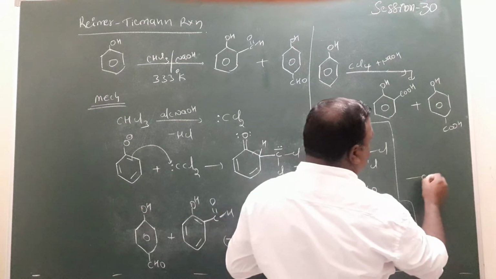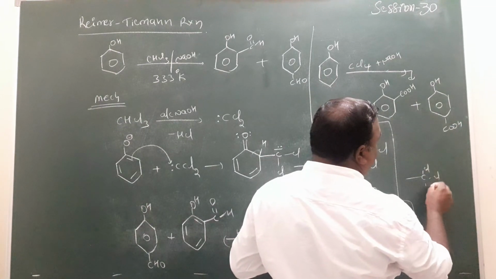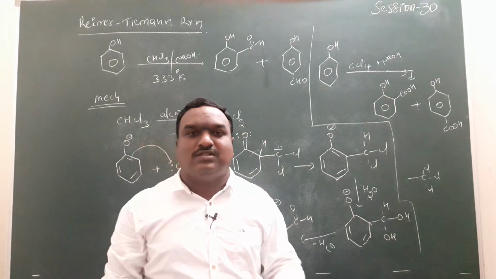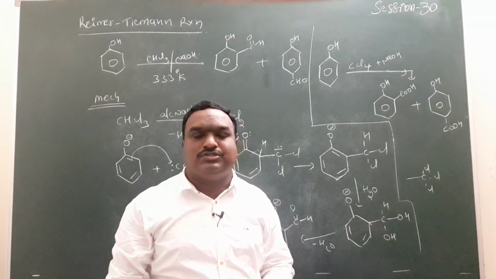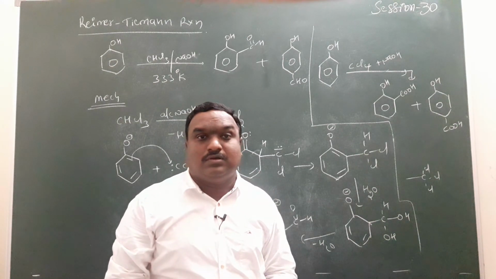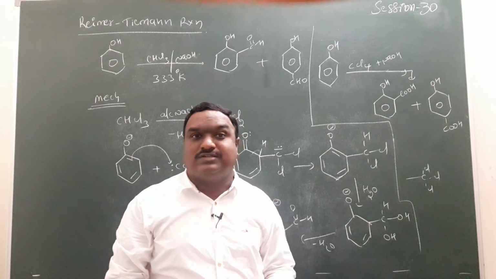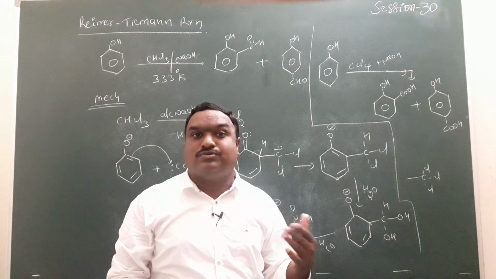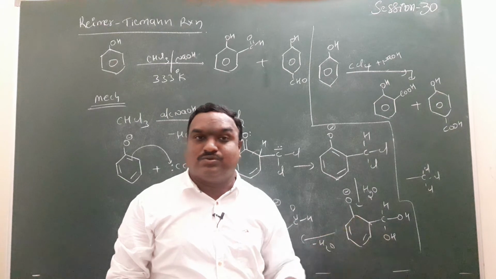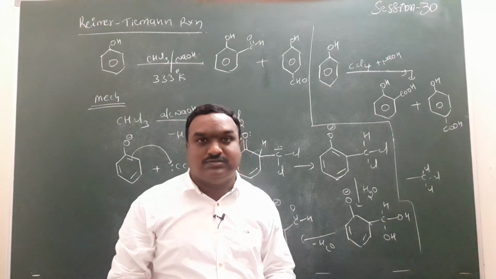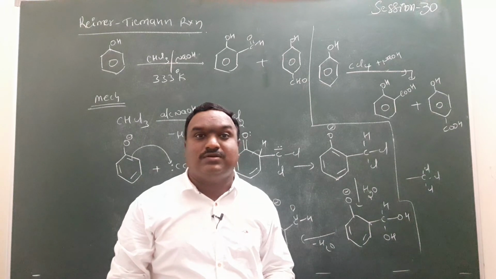Why? Because the connected carbon has 3 chlorines, and if you do hydrolysis, each chlorine is replaced by OH, so the number of OH groups is 3. So already I told you that concept. When the number of OH groups is more, the carbon or compound stability is less, it easily undergoes dehydration and converts into a carboxylic acid function. This is the way to write that product.